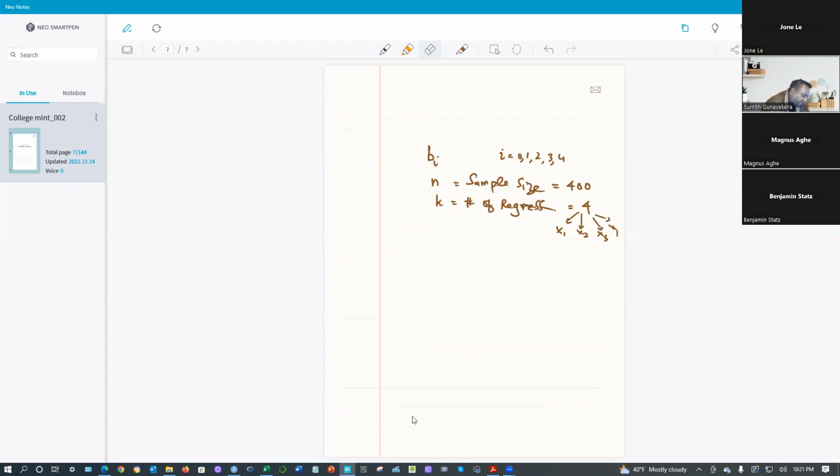And the P, I would like to see the number of parameters to be estimated. Those are what actually? Beta naught, beta 1, beta 2, beta 3, beta 4. They are estimates, B naught, the point estimate.